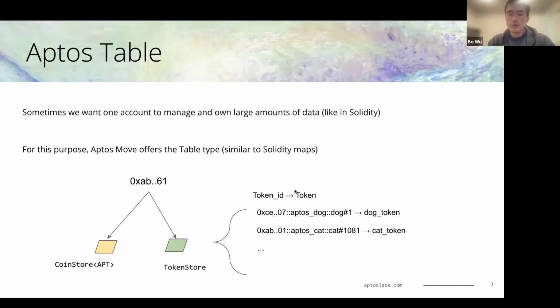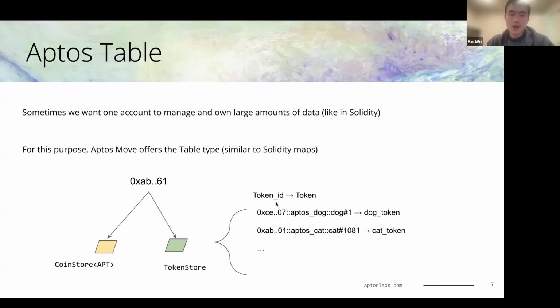The token ID consists of three components on Aptos: the creator's address, a collection name, and a token name. With this unified format of token ID, we can store all kinds of different tokens in one token store.